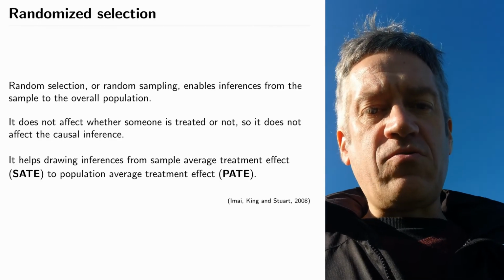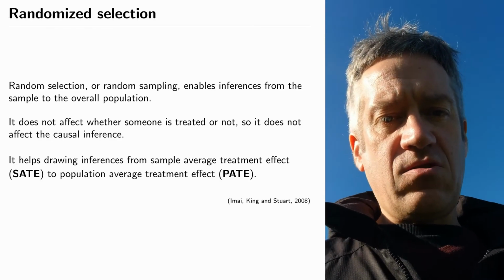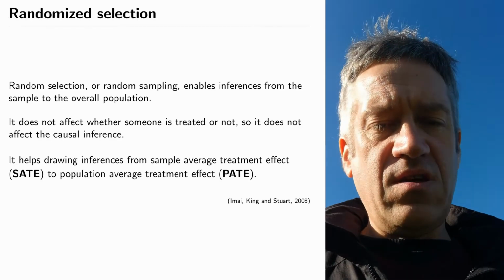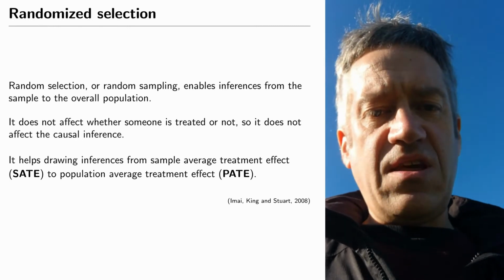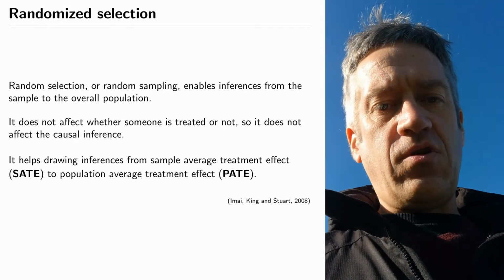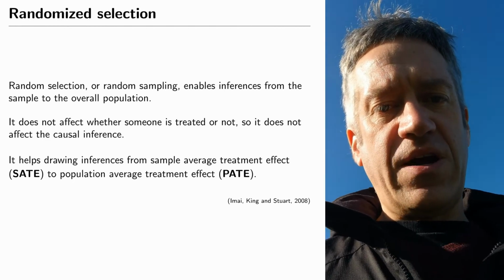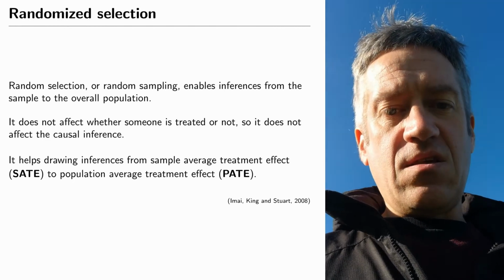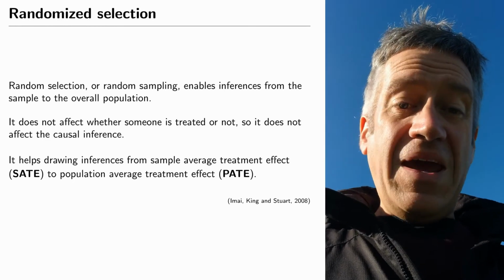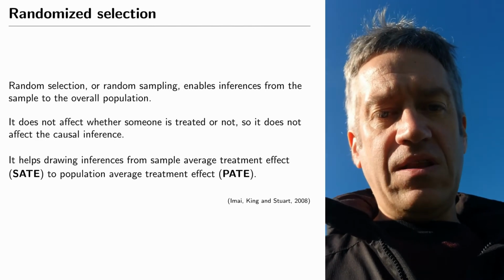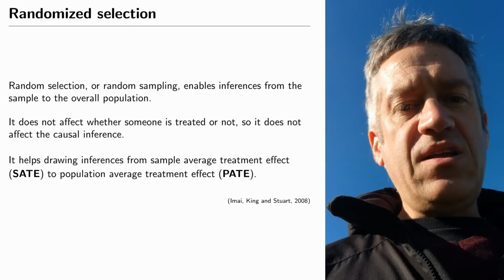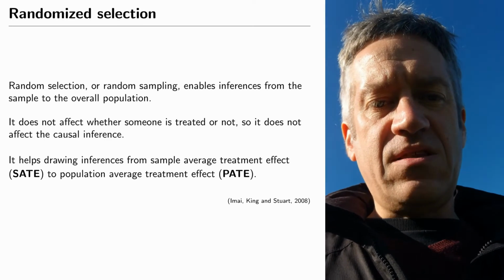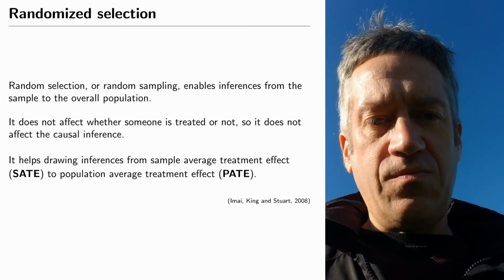Now, we have talked about random selection. When we do statistical inference, we do statistical testing to assess whether our estimates for a particular sample also hold for the wider population. This is called statistical inference. To make a statistical inference, we need a random sample, or we need at least to know the probabilities for each individual to be in the sample.